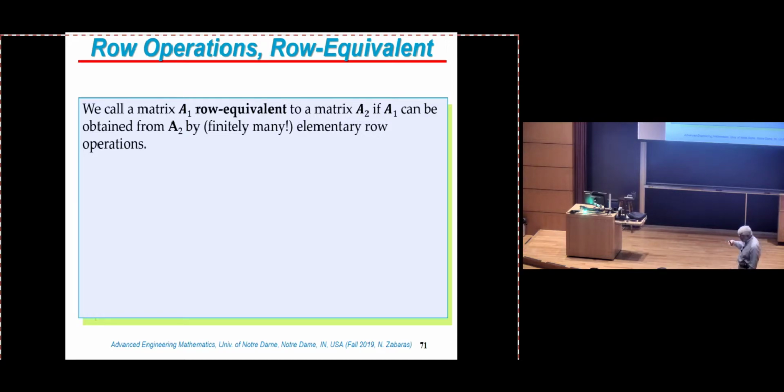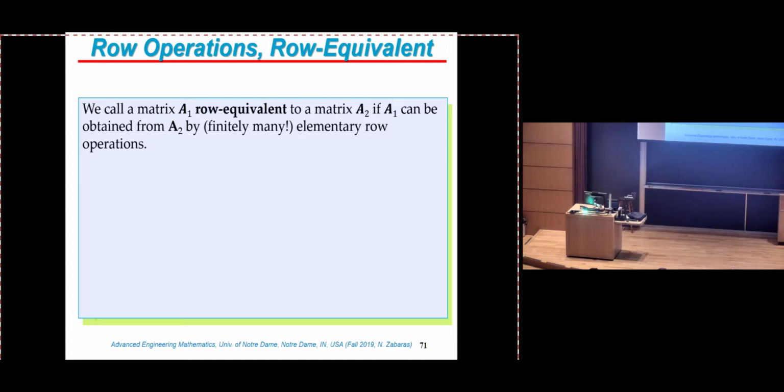Or you can take row 3, multiply it by a number, and change the order, putting that as row 1 and row 1 as row 3. This is what we call elementary row operations. We call a matrix A1 row equivalent to a matrix A2 if A1 can be obtained from A2 by a finite number of these row operations.